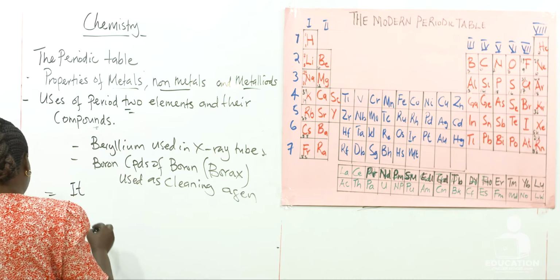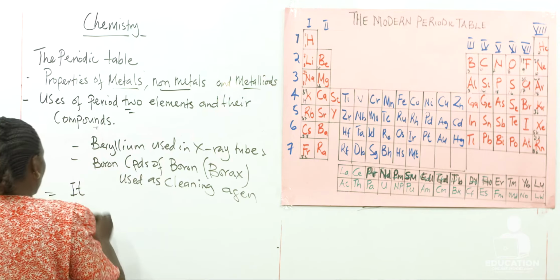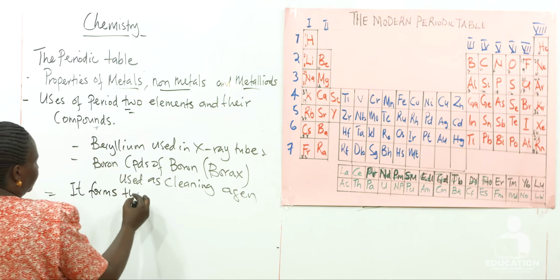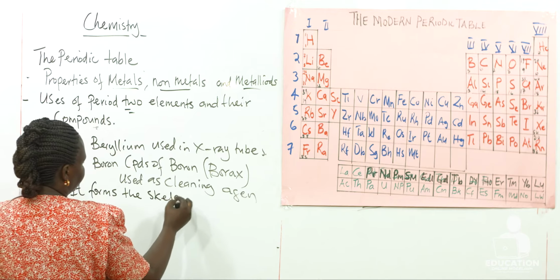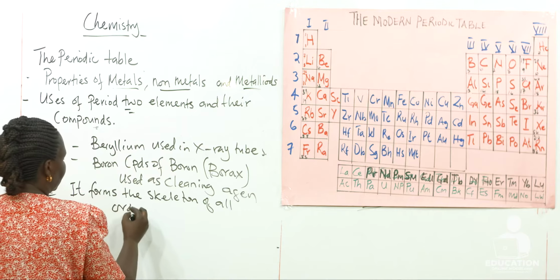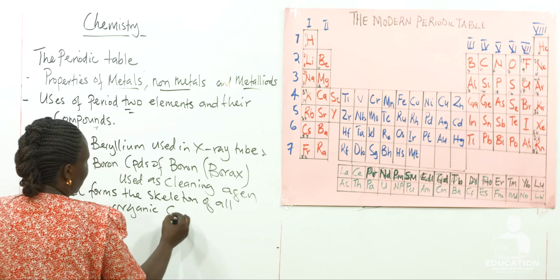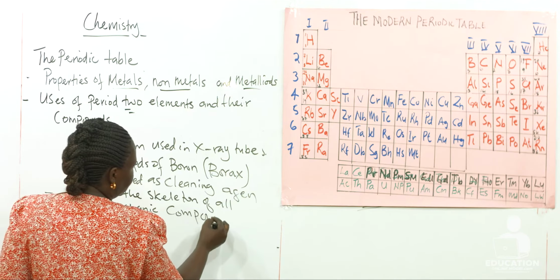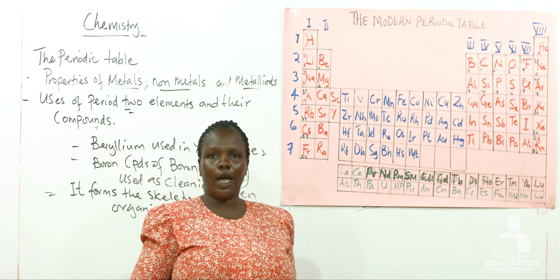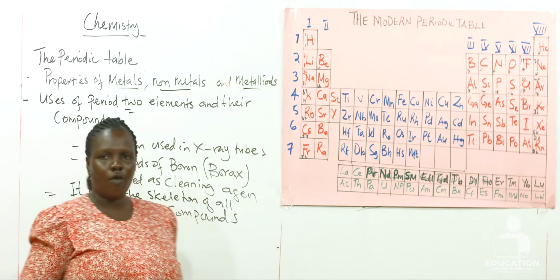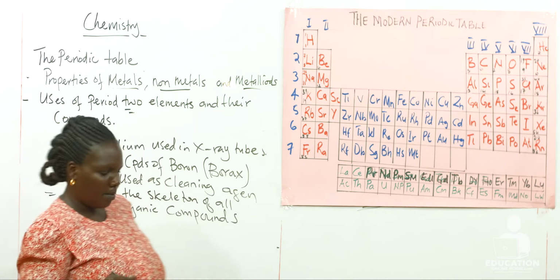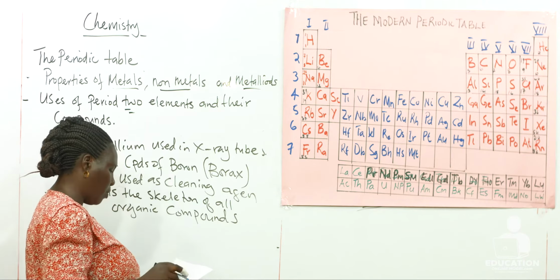It forms the skeleton of all organic compounds. And of course, organic compounds are compounds of carbon and hydrogen. So the skeleton of organic compounds is made up of carbon atoms.